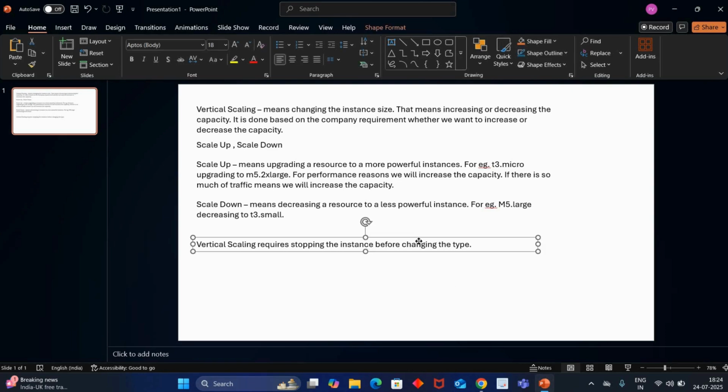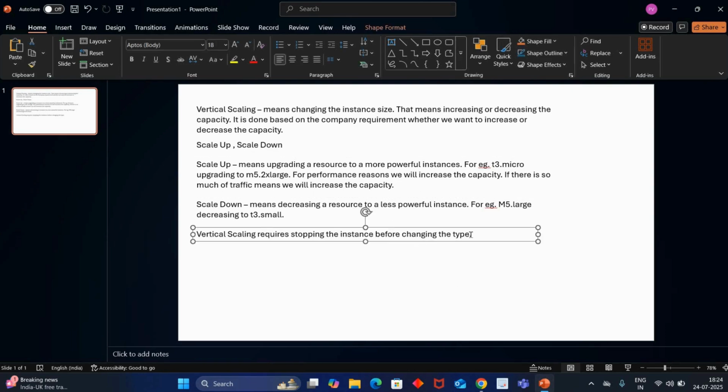Okay, and vertical scaling can be done in AWS using EC2, EBS, and RDS services.